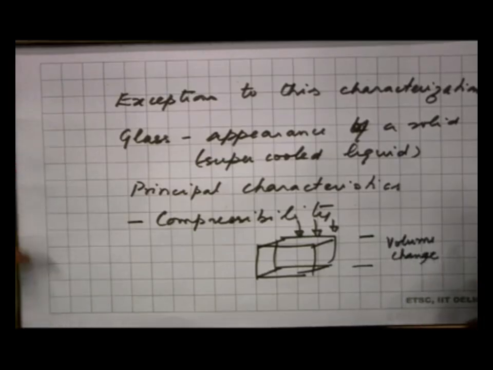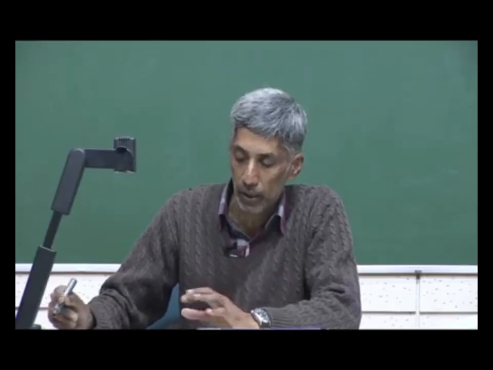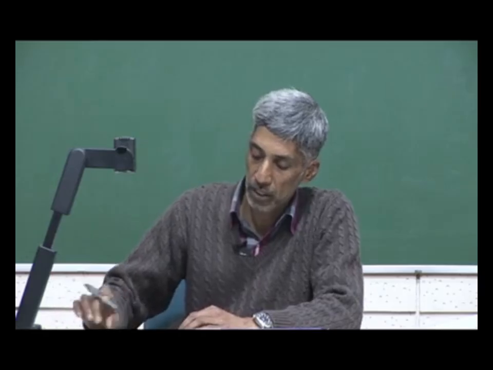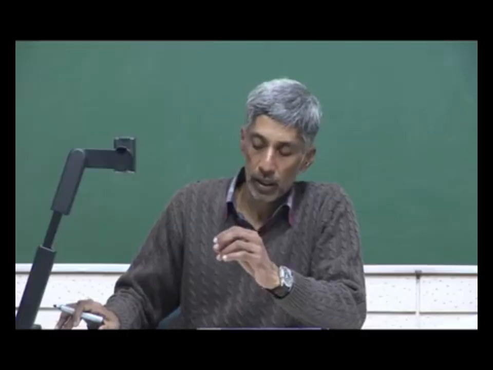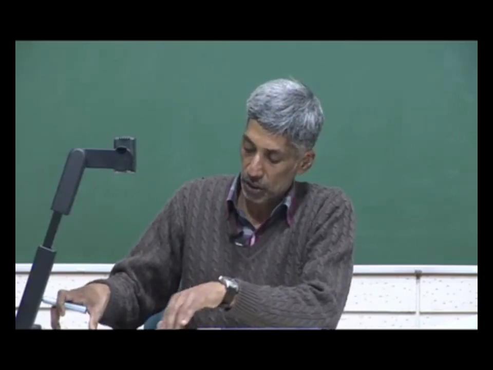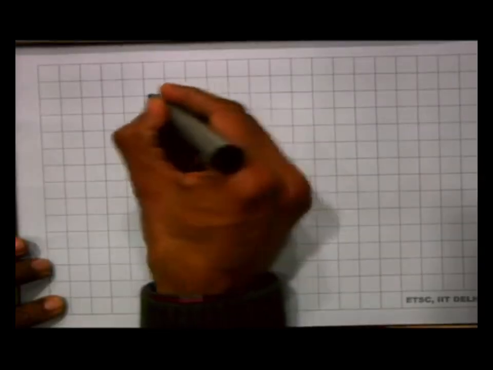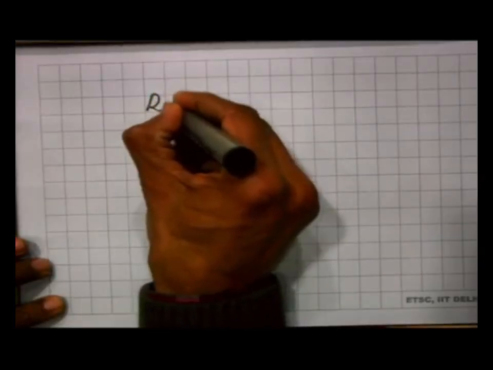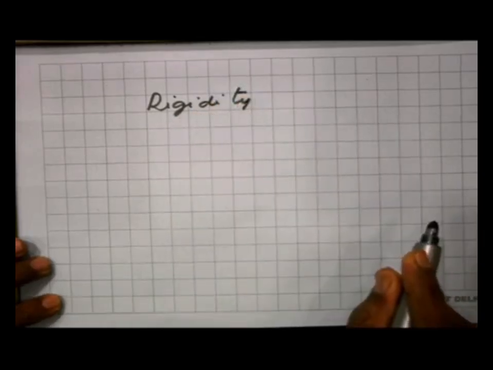So, this is one characteristic which allows us to differentiate between solid, liquid and gas. Compressibility is the volume change that occurs when we apply pressure to a system, a state of matter in this particular case.